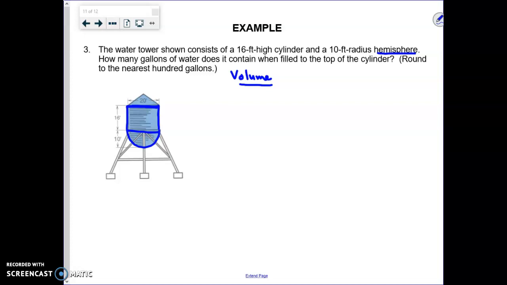We're going to find the volume. Let's start with the cylinder right here. This is a cylinder, so we want to find the volume of this cylinder, because remember, we're filling it with water. So for the volume of a cylinder, we're given both, if you take a look, the height, which is right here. This is the height, 16, of the cylinder. And we're also given the diameter of the top of it.